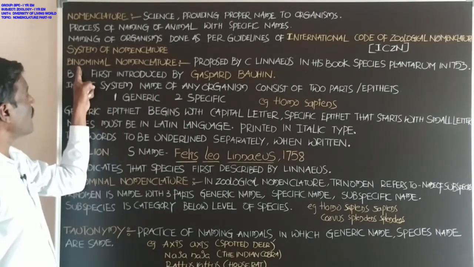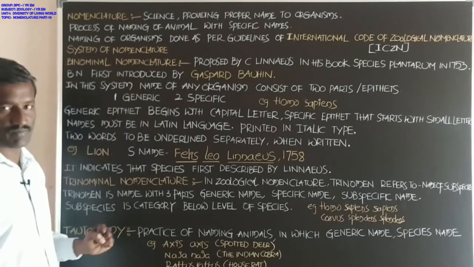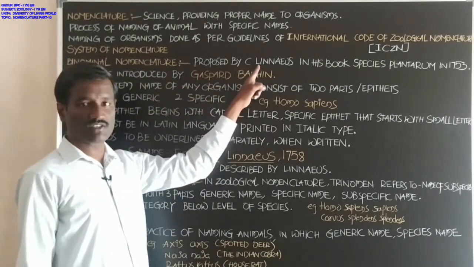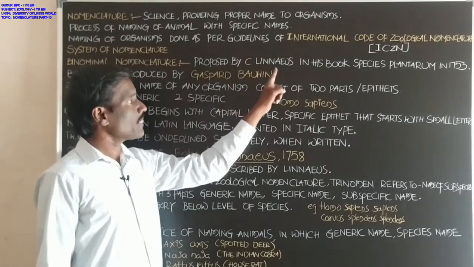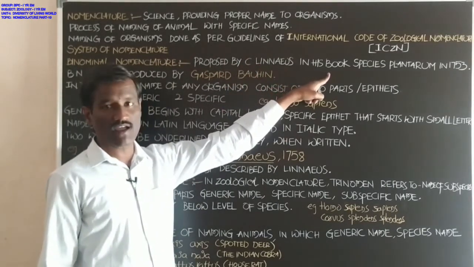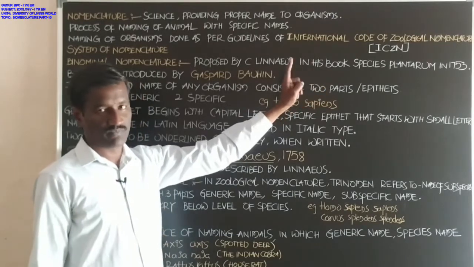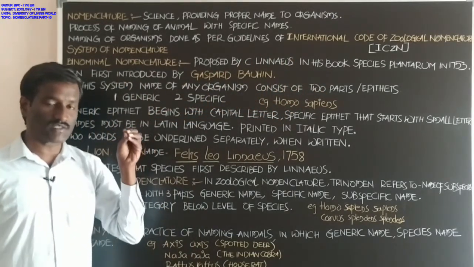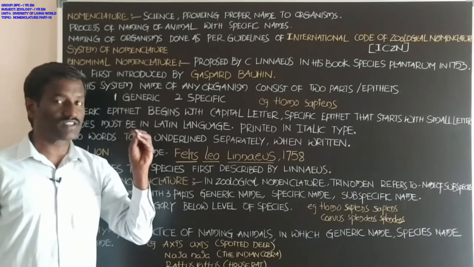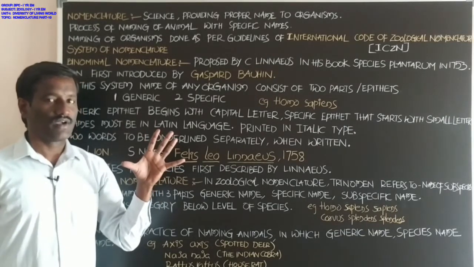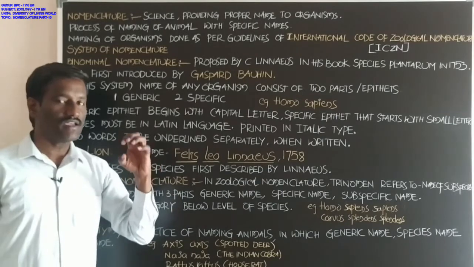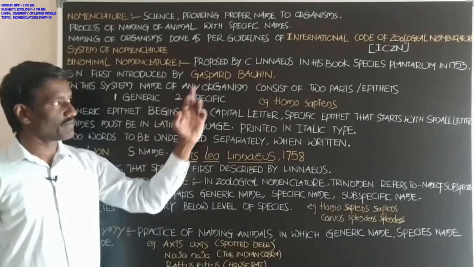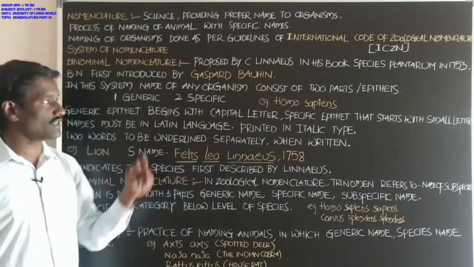Binomial nomenclature was proposed by Carolus Linnaeus in his book Species Plantarum in the year 1753.